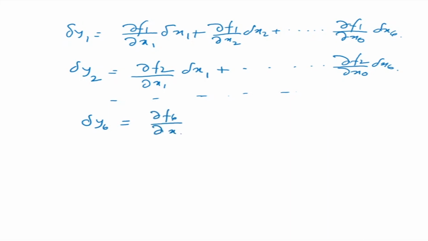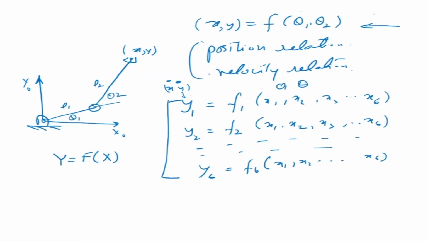So what I'm doing here is that I want to find the velocity, so I want to find the partial derivatives because we have more than one variable. What is the objective here? I have xy here, and I have theta 1, theta 2. xy is a function of theta 1, theta 2.